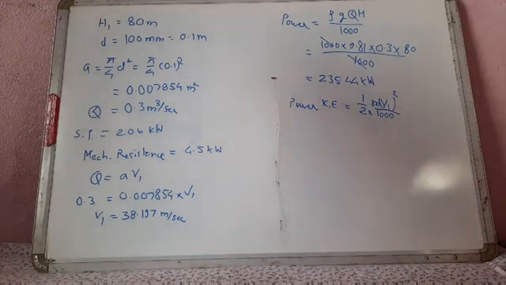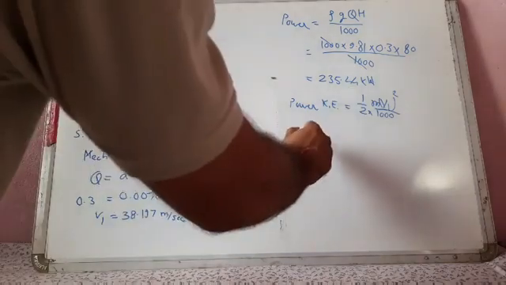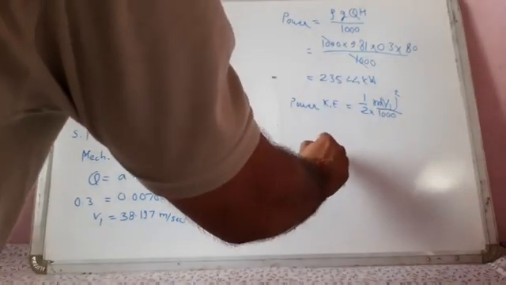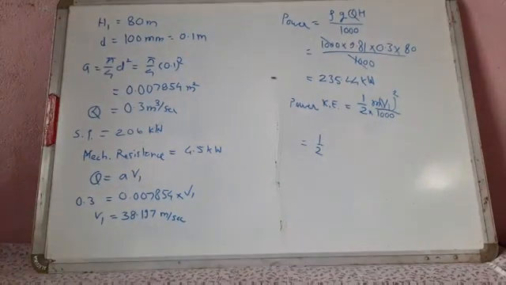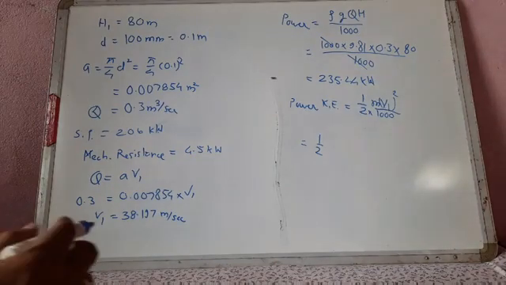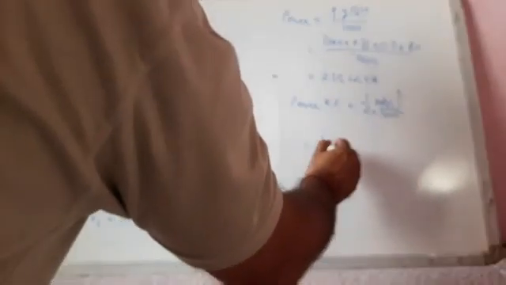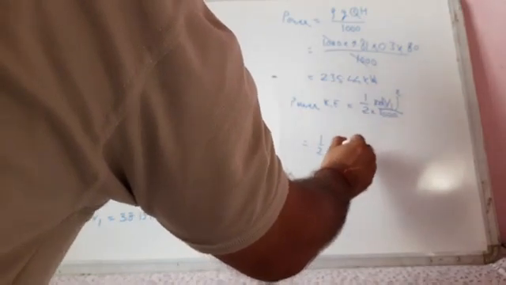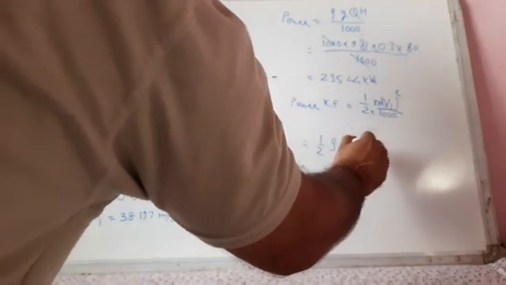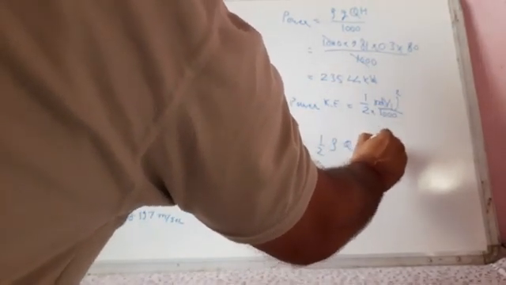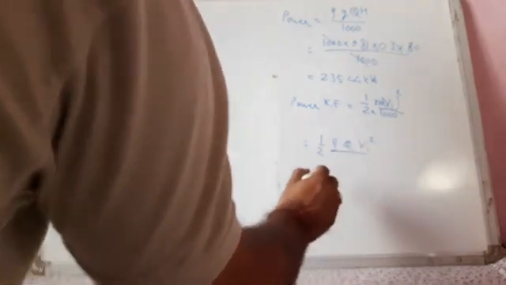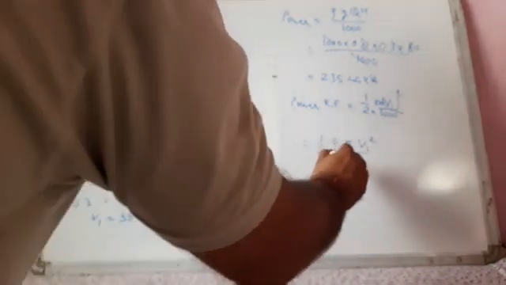Now putting the values, half of mass is rho Q, V1 square by 1000.